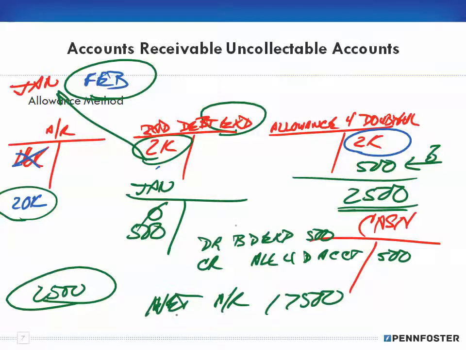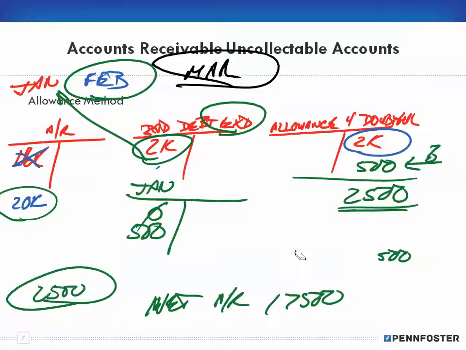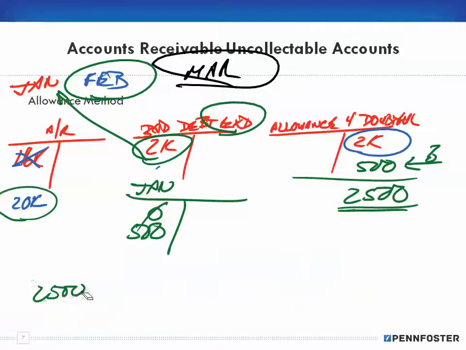Okay, right. So at the end of each accounting period, when I come over here to March, I'm going to basically do the same thing again. I'm going to look and say, okay, how much is my accounts receivable?